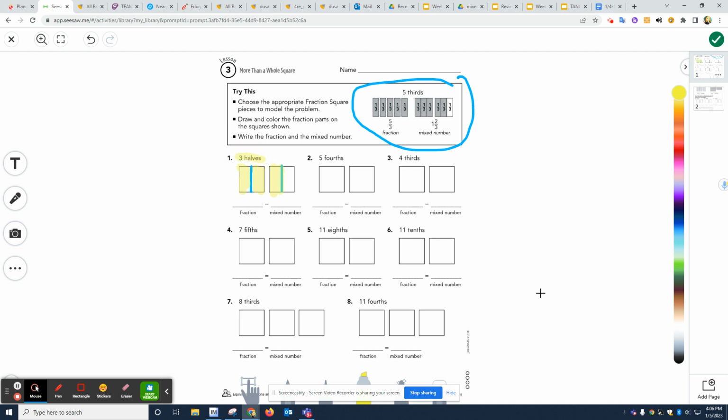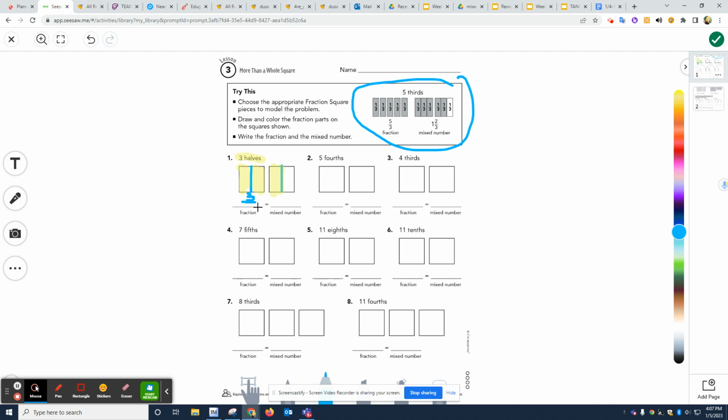Now is the tricky part. I need to write this as a fraction. I'm going to switch back to my pencil. I know my top number is 3 because I see it right up here, 3. And I have 3 pieces shaded. So I'm going to write 3 in. My top number is a numerator, and my bottom number is a denominator.